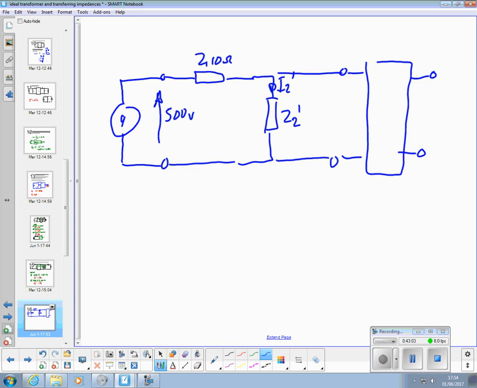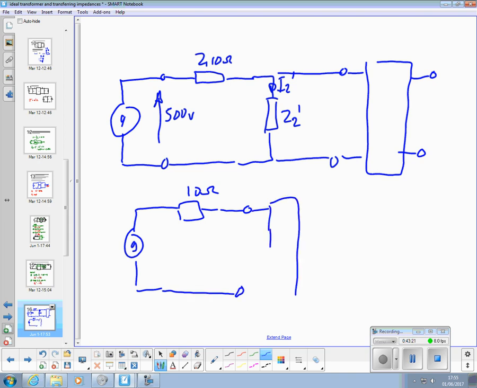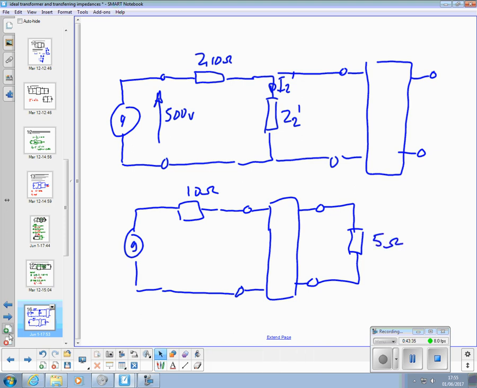And then when you've done your calculations, here's my generator again, there's my 10 ohms, putting it back with the transformer in the circuit, and what was that impedance? That was 5 ohms. Going by the results, we got a current there of 18.5 amps.